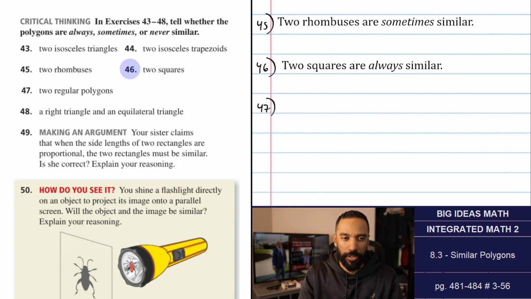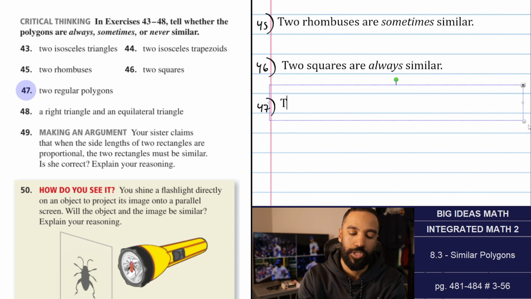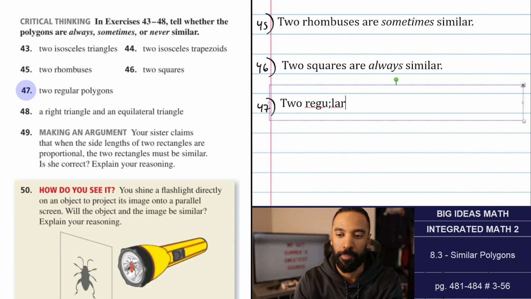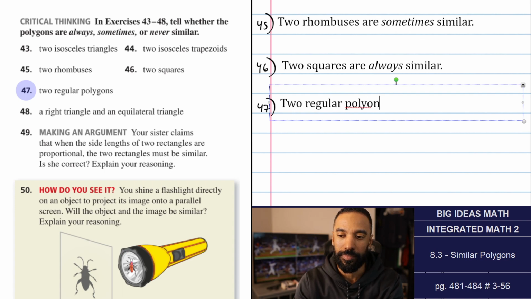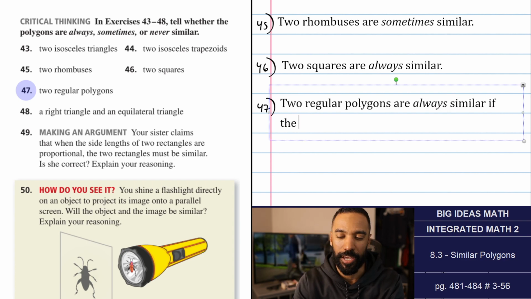Two regular polygons. Depends on what the polygon is, right? If it was the same polygon. So I'm going to say this. Two regular polygons are always similar if the same type of polygon is being compared.